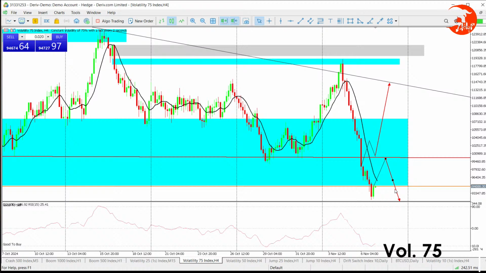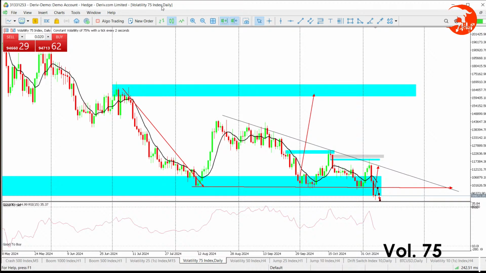Because according to daily, it still has some momentum to sell. And daily closed out of this descending triangle perfectly. It was a successful breakout.